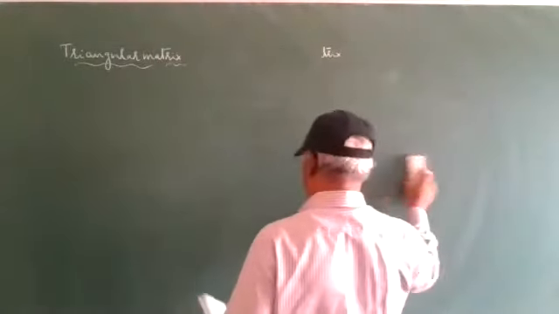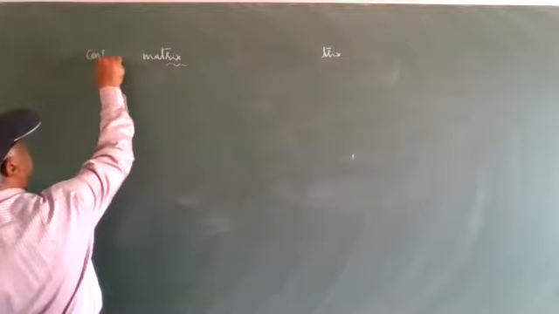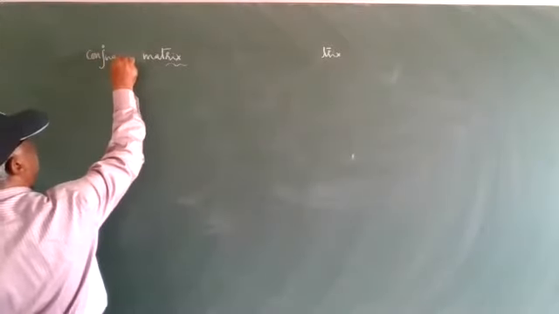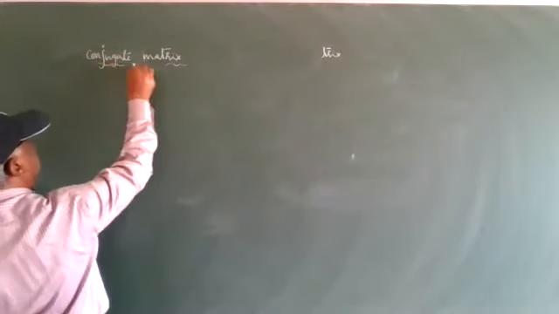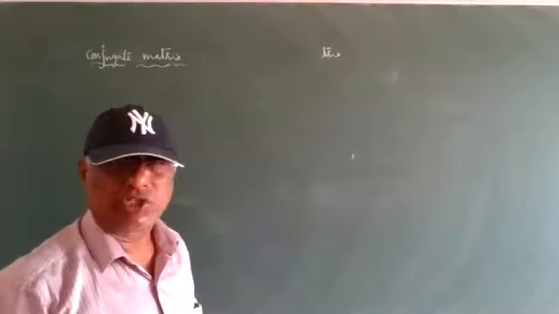Everyone write down the conjugate matrix. We have to select what type of matrix. So in the conjugate, any matrix, no objection here. Select any matrix, no need for a square matrix.